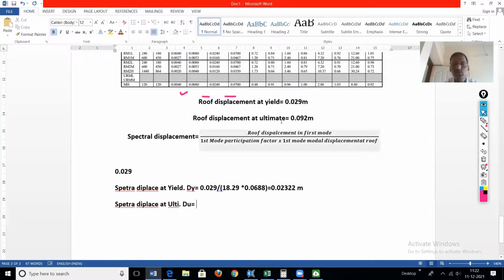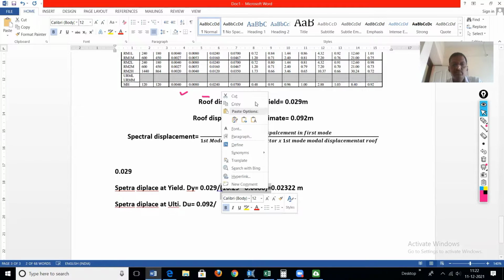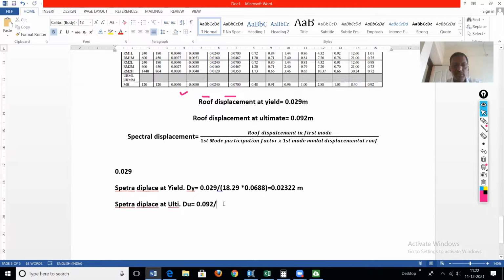Similarly, what is it at the ultimate point? The displacement at ultimate is 0.092, divided by the first mode participation factor and first mode displacement, which will remain the same. So I will just copy this and paste here.